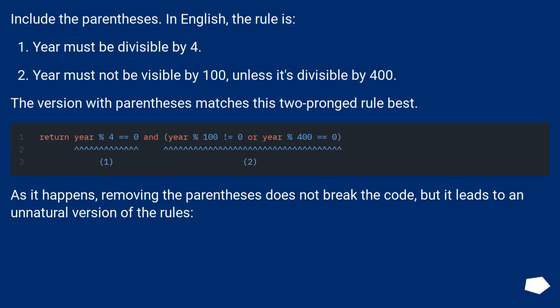include the parentheses. In English, the rule is: year must be divisible by 4, year must not be divisible by 100, unless it's divisible by 400. The version with parentheses matches this two-pronged rule best.